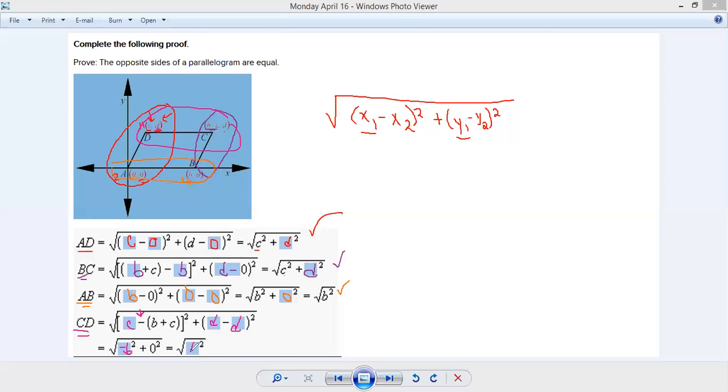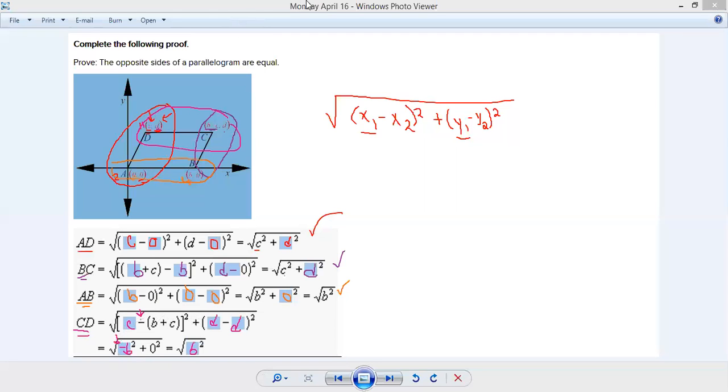Okay, so this is going to be B, and then you get B squared in the end. This one is a little tricky because it is going to be plus negative B. And then when you square it, it ends up being positive.